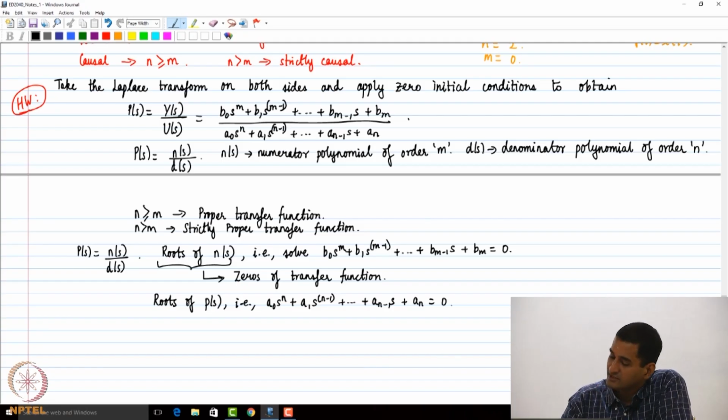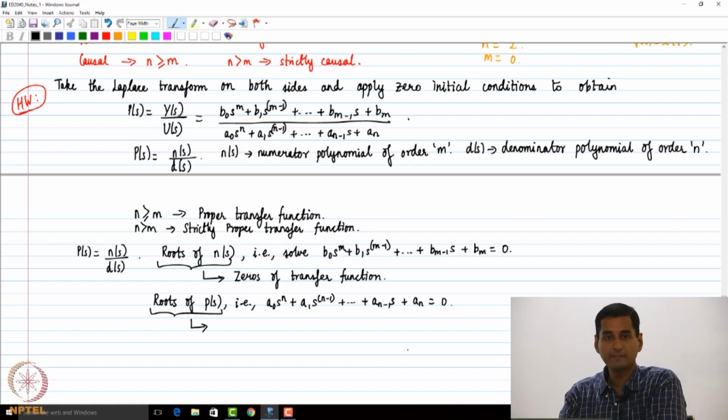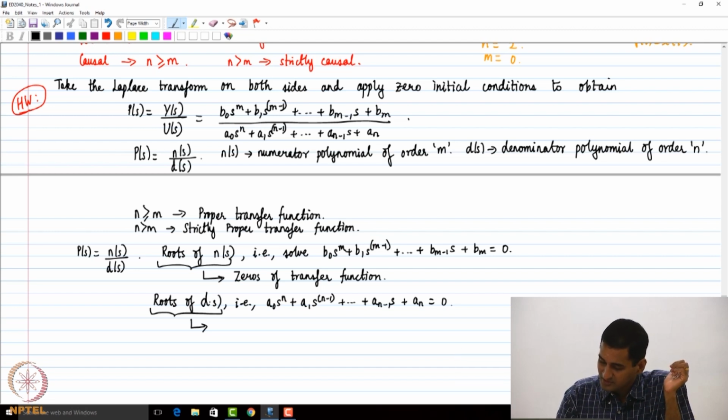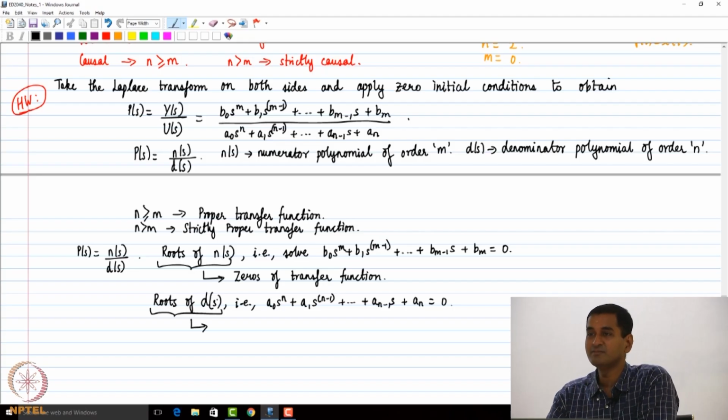The roots of the denominator polynomial, that's not P of s, sorry about that, it's going to be d of s, should consequently be called something else.